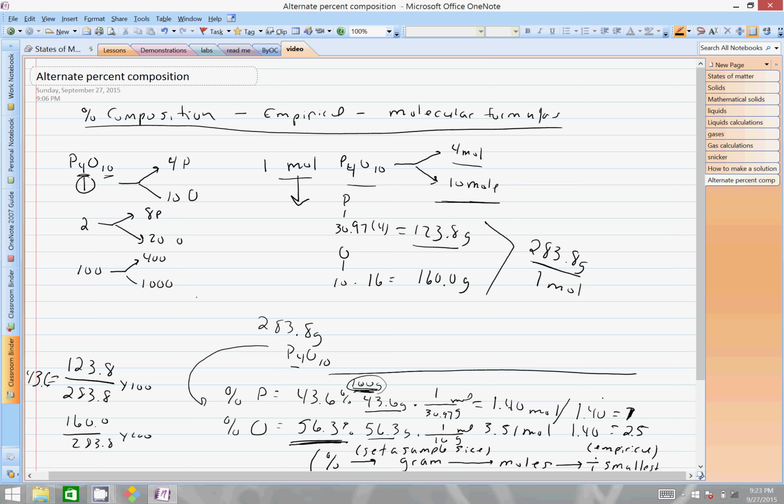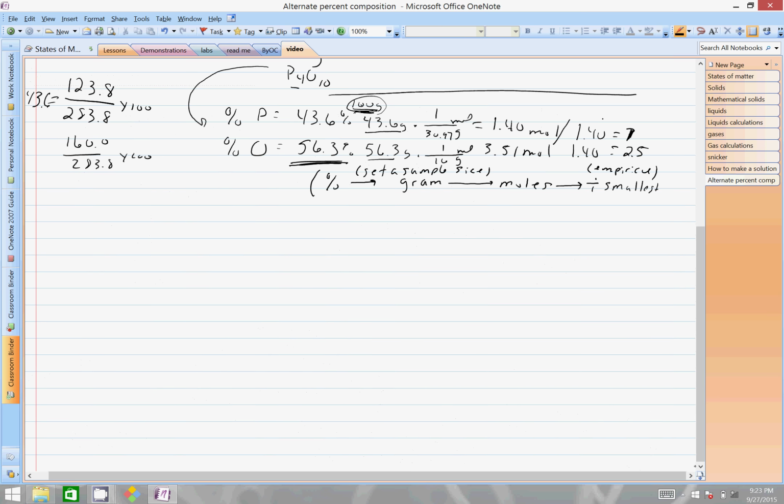Now, in this case, I have my empirical formula P1O2.5, and you really can't have half an oxygen atom. So we do one last step and multiply by the reciprocal.